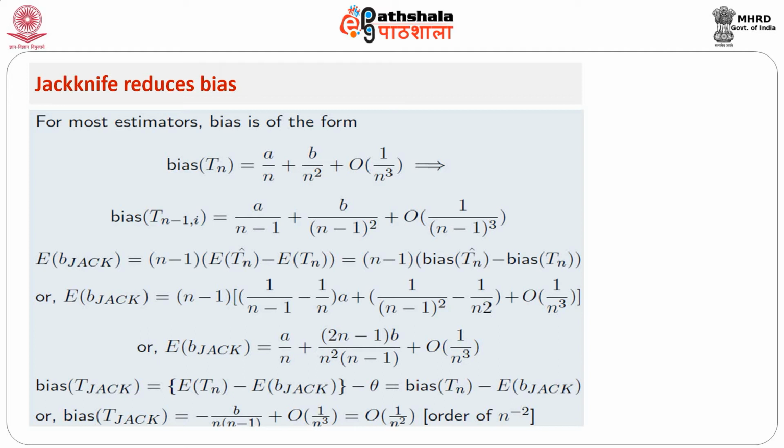This signifies that the jackknife estimator produces a bias reduced estimator by removing the first order term in the bias of Tn, because the bias of Tn is of the order 1 by n, whereas the bias of T jack, that is the jackknife estimator, is of order 1 by n square.